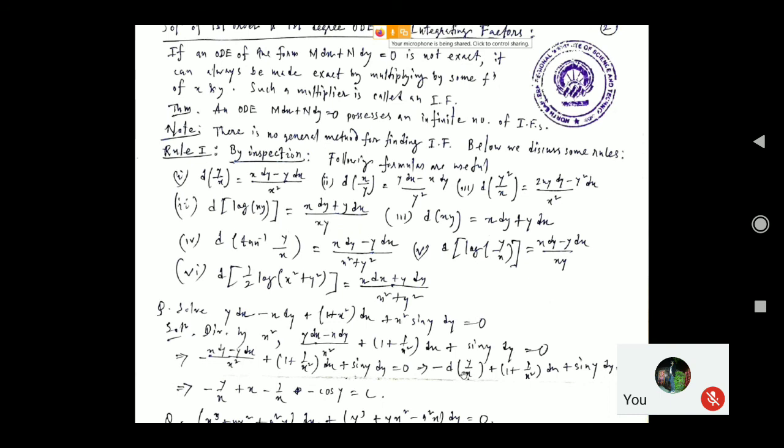Now, in the next step, we have integrated all of them. Integration of this is simply minus y by x. Integrating this, we get plus x minus 1 by x after simplification, and integration of this expression is minus cos y equal to an arbitrary constant, and that gives us the solution.